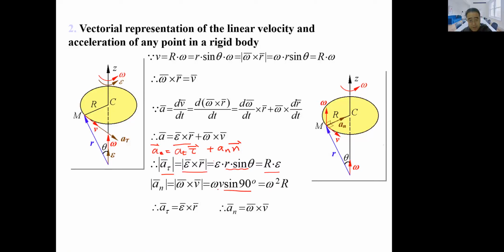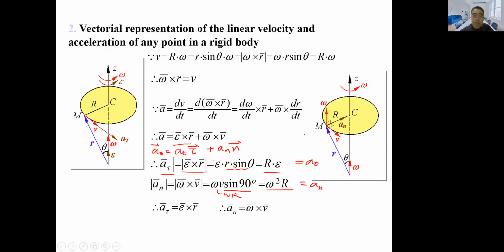Because V also equals omega r, we have omega squared r. That's why we can see this vectorial representation gives the same result as what we learned: this is a tau, and this is a n.